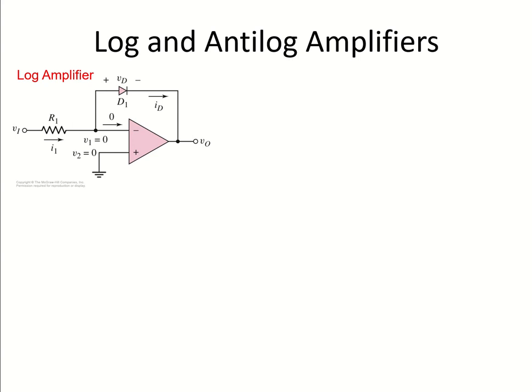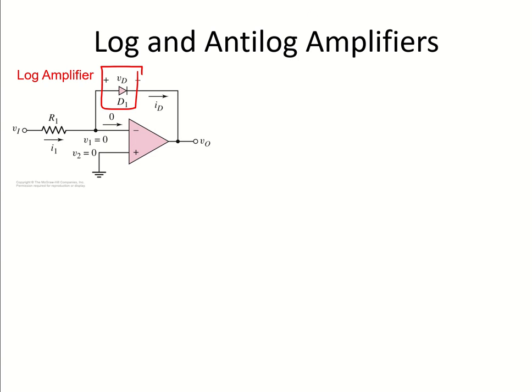For example, if you want to perform the logarithmic operation on the signals, we can also use the op-amp amplifier for that. If in the feedback network you place this diode here, we can actually do the logarithm here.